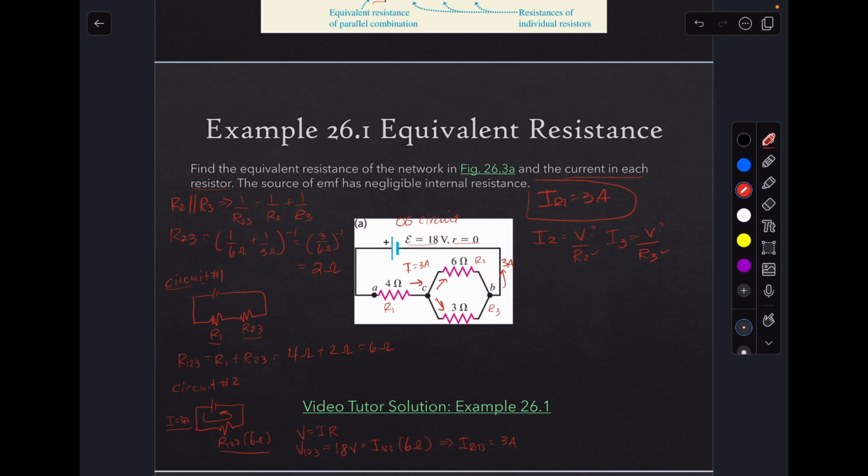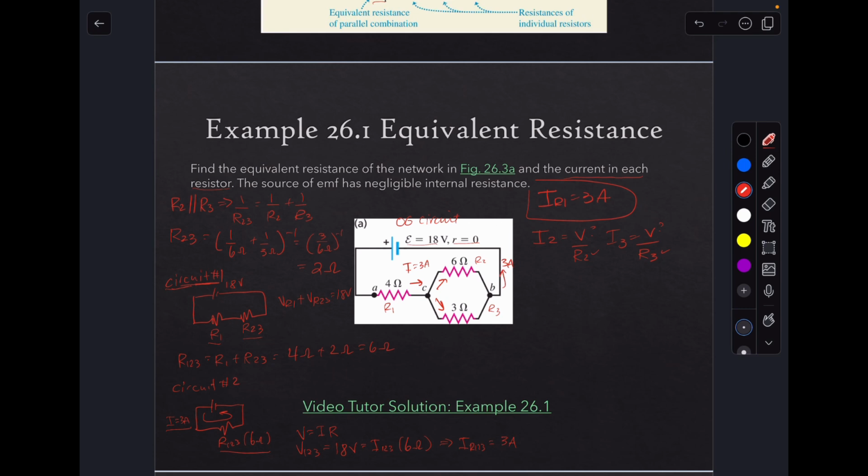So our rules for potential in series. Okay, let's look at circuit number 1 again. If the potential of this battery up here is 18 volts, then the potential of R1 plus the potential of R2,3 must equal 18 volts, okay?